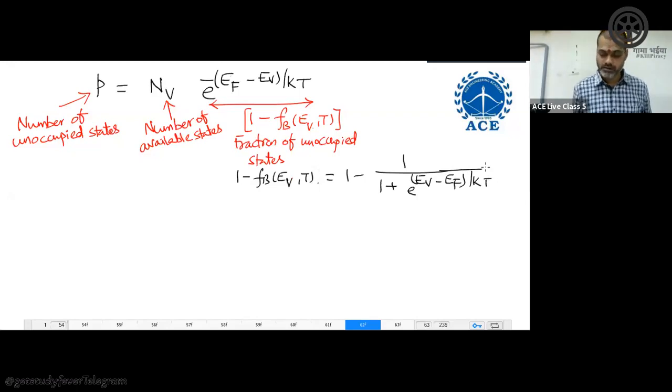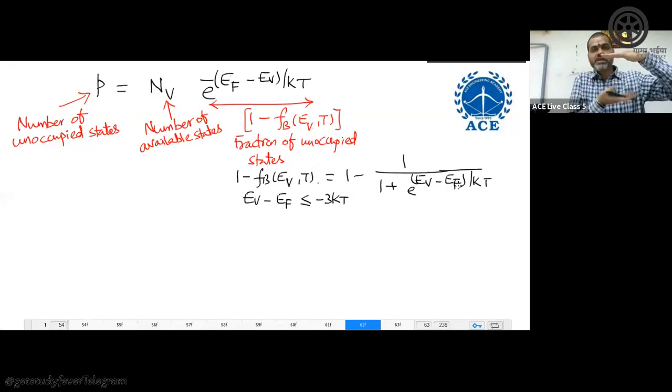Now this is equal to, so what is the condition to apply the Boltzmann's approximation? You can have EV minus EF less than or equal to minus 3 KT. You can see very clearly that this is going to be satisfied, because EF will be at the middle of the energy gap.